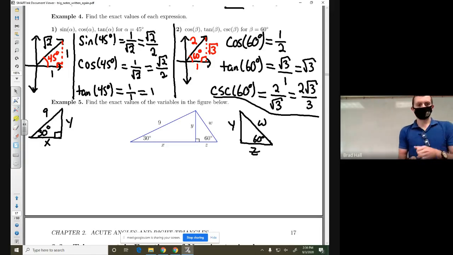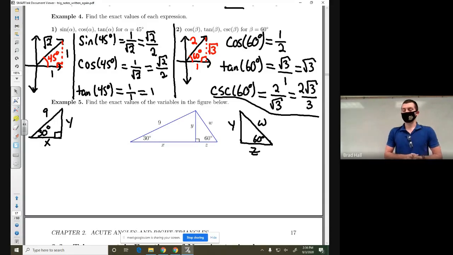So we're going to pick the left one, and we'll see why that 9 being available makes things so much more helpful. Now, that leftmost triangle is a special triangle, but since they gave us the 9 for the hypotenuse, that means that we do not use the sides from the 30-60 special triangle from above. And you might think, well, what was the point of even going over that?